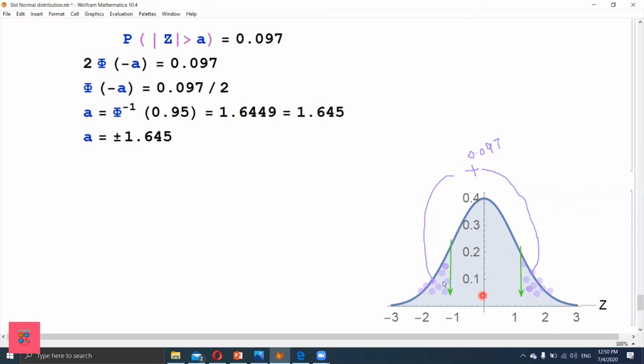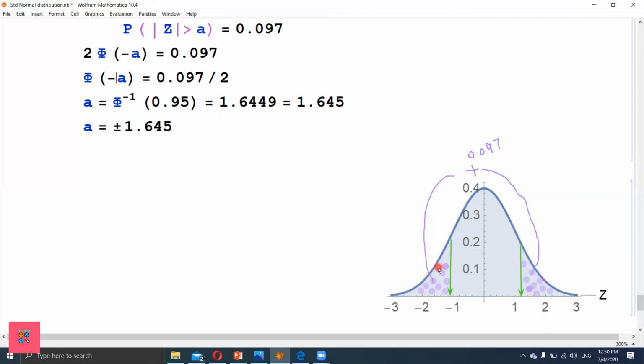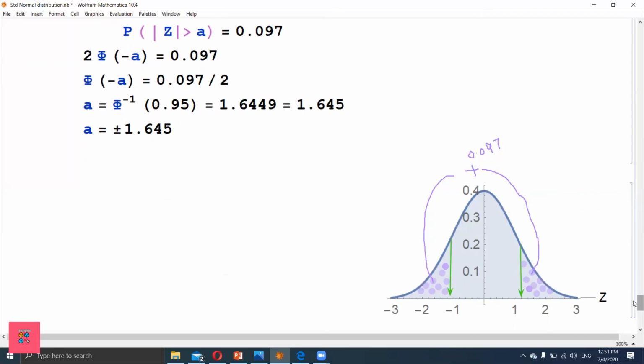And divided by 2, it gives us the half area on the left tail and half area on the right tail. So 0.0485 is the area on the right side and 0.0485 is the area on the left side.